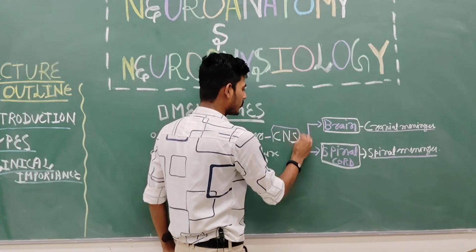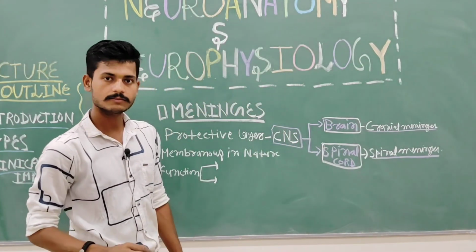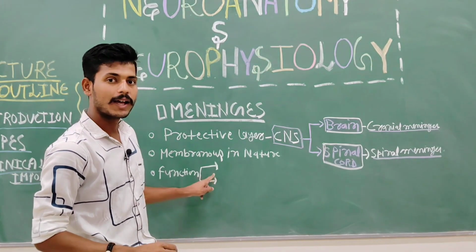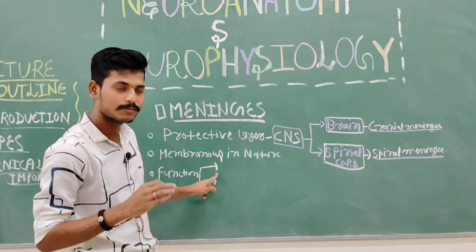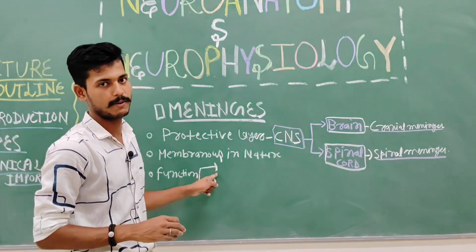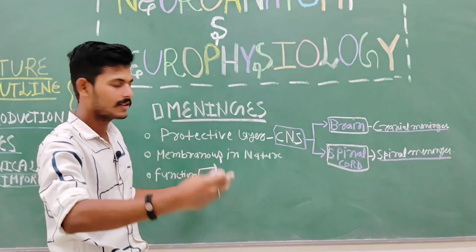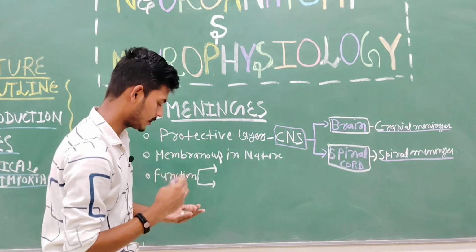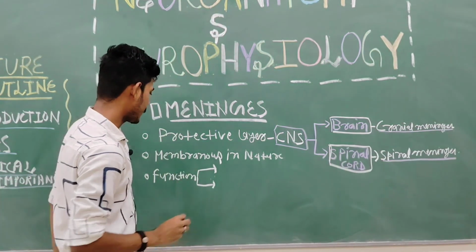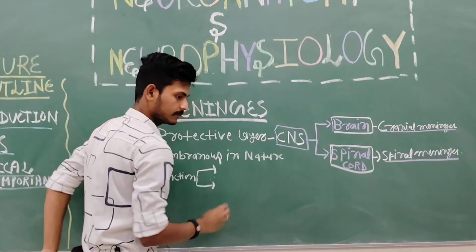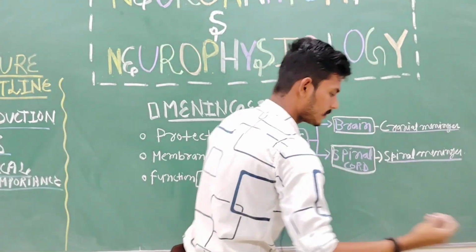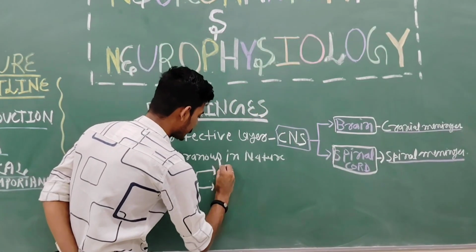Another thing you should remember is that they also help to channelize the smooth business of brain and spinal cord. You will see how later in this lecture. But for a while, just understand the first function is protection.